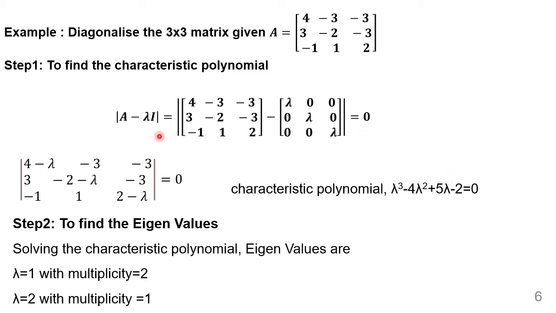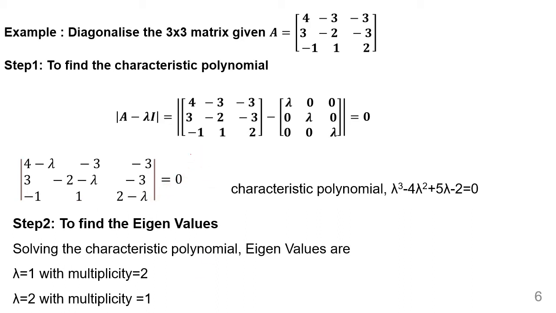A minus lambda I will give me matrix A minus lambda times I, which is lambda 0 0, 0 lambda 0, 0 0 lambda. When I take the determinant of this and equate it to 0, I am going to get the characteristic polynomial. That is the determinant of 4 minus lambda, minus 3, minus 2; 3, minus 2 minus lambda, minus 2; minus 1, 1, 2 minus lambda, equated to 0.